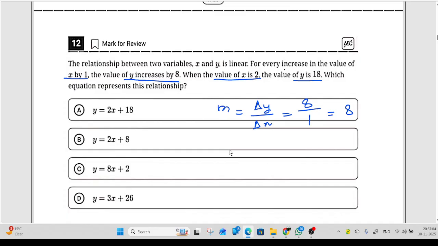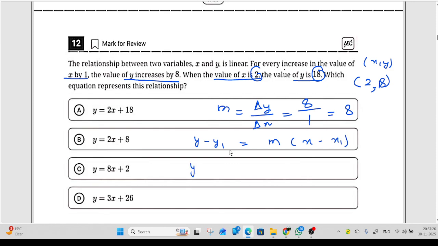Now the next point is given, the value of x and y is given, so we can write it as a coordinate, x comma y, where x is 2 and y is 18. So we have a point and a slope, so we can use point slope form, right? Which is y minus y1 is equal to m times x minus x1.